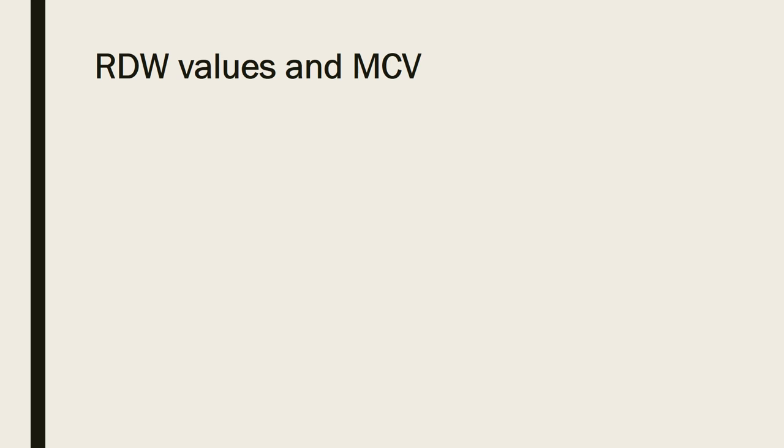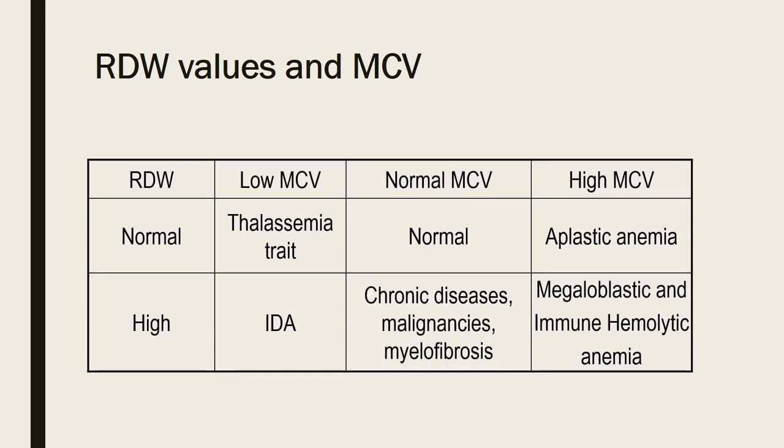RDW values are helpful in various diseases. So in this table you can see if the RDW is normal with low MCV, then think about thalassemia trait. If RDW high with low MCV, then think about iron deficiency anemia. If RDW is normal with high MCV, then think about aplastic anemia.